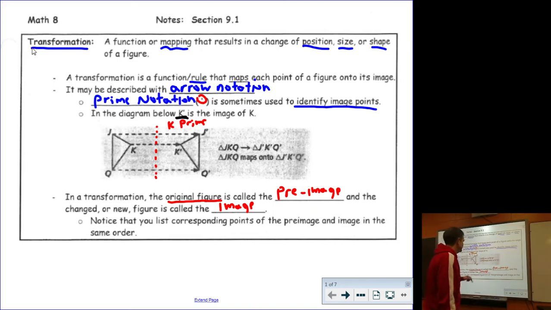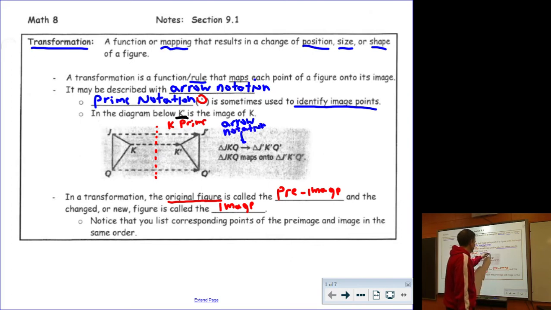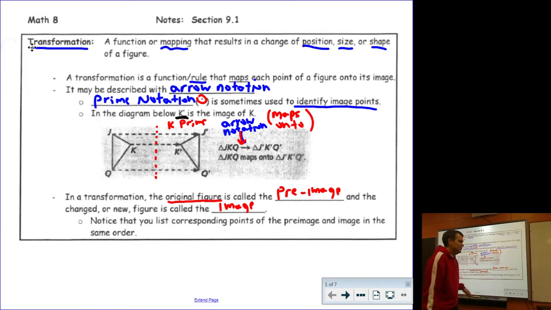First up, this is how you write arrow notation. All right? And something I'd like you to know is how to read that. You read that arrow there as maps onto.